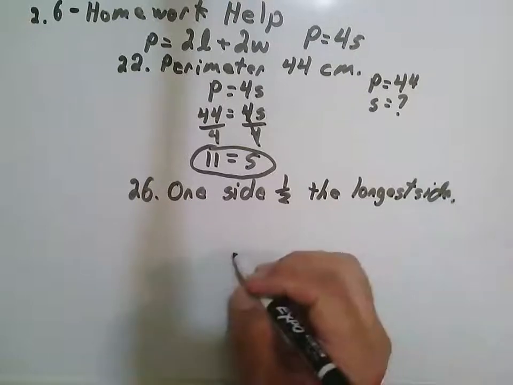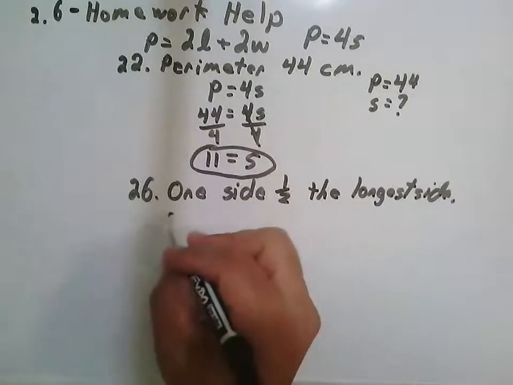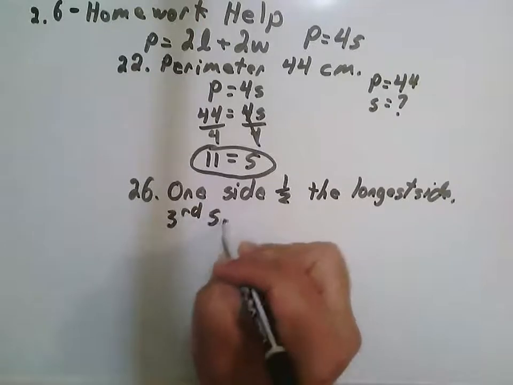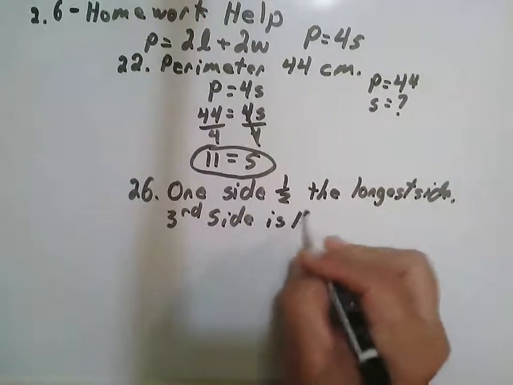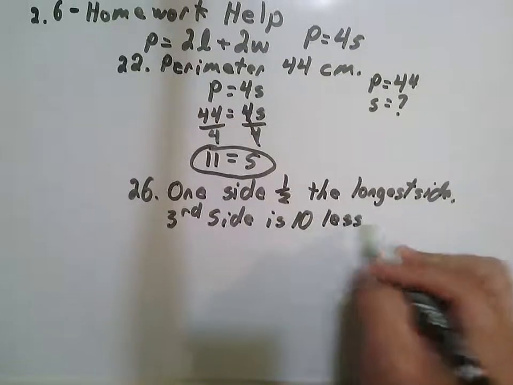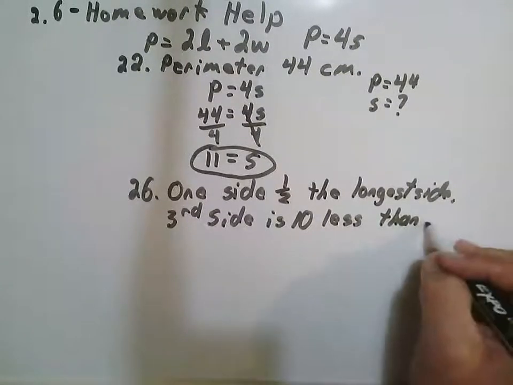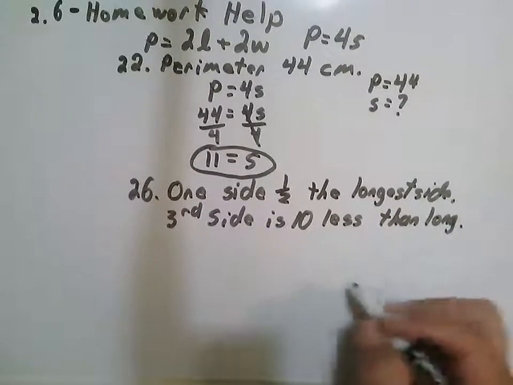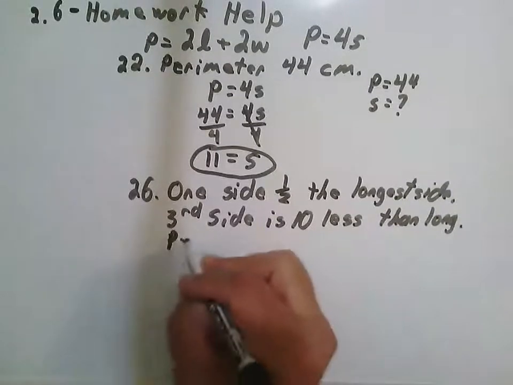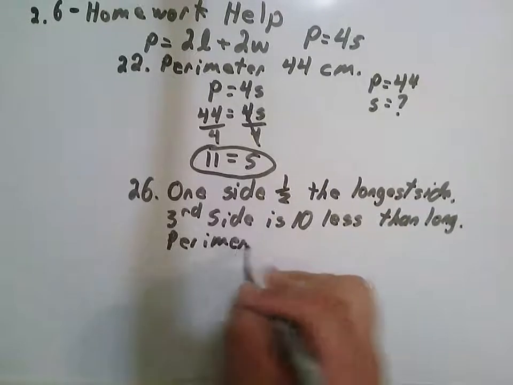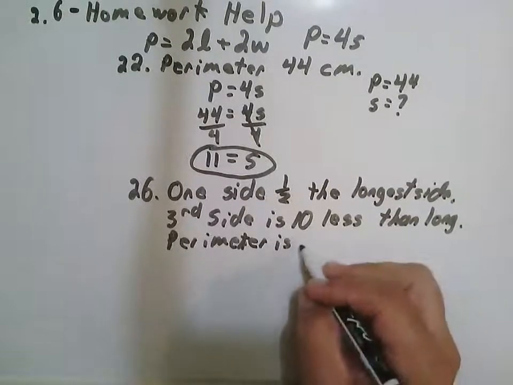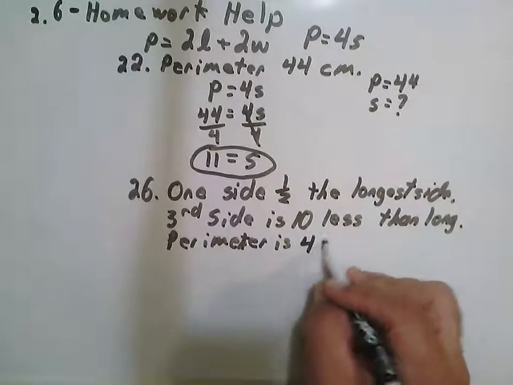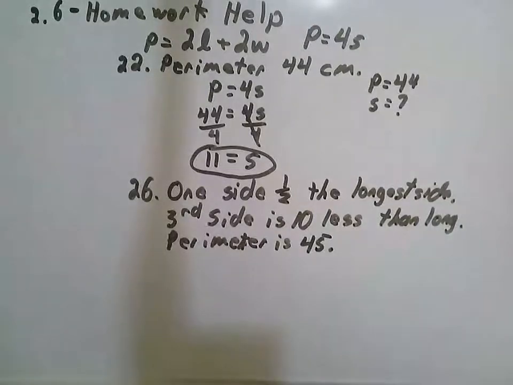And then it says that the third side is 10 less than the longest. And then it tells you that the perimeter is 60, or let me see, the perimeter is 45. It doesn't matter if it's feet, inches, or whatever the case.